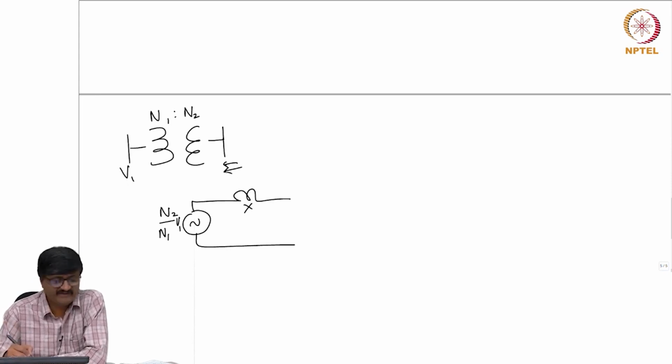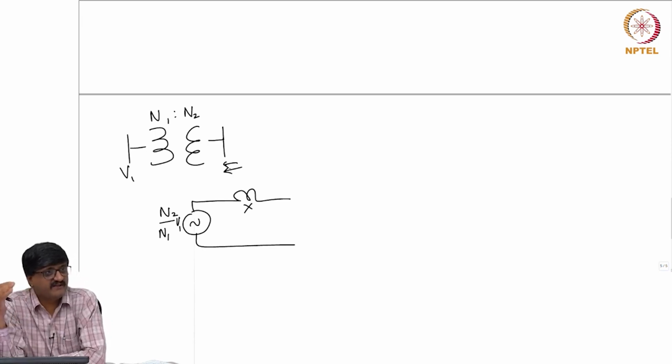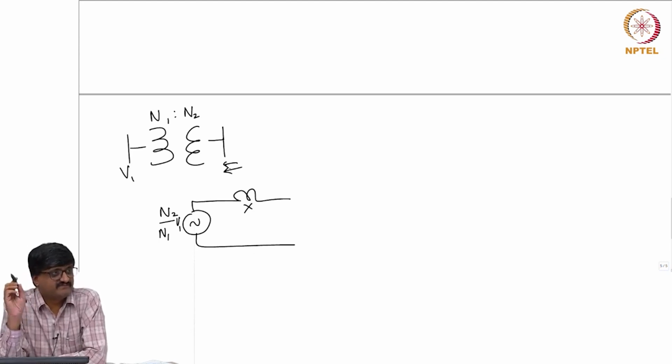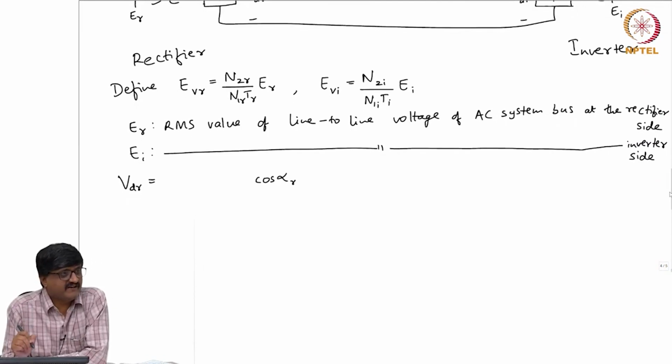When you see from the converter side, it is the transformed voltage that you see. Please note, we are trying to see from the converter side, so we need to write it in terms of EVR, not ER.